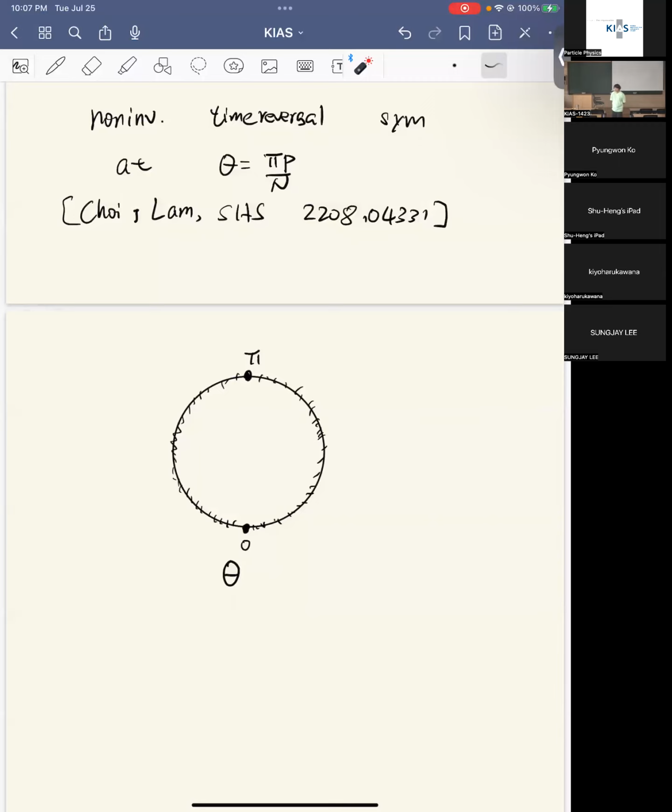In the case of topological insulators, when theta is equal to pi, we know that it will give us a gapped phase, but a non-trivial gapped phase, which is the topological insulator. Do you expect that when theta equals pi p over n, it gives us another type of topological insulator?